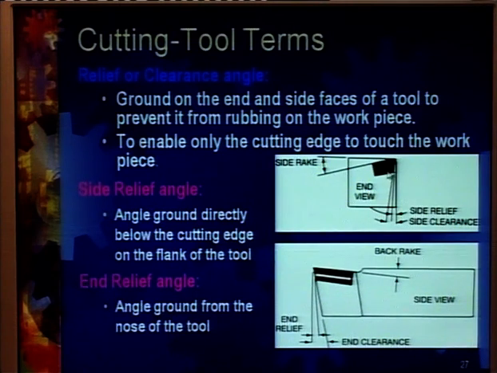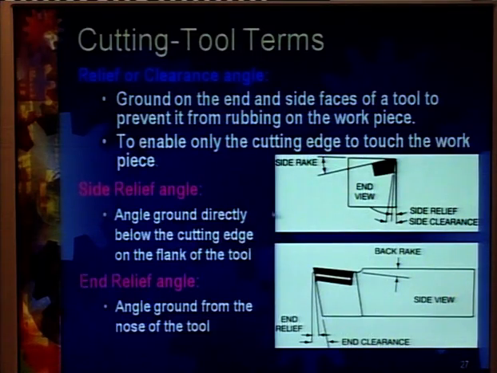It is given to sharpen this edge. If the side relief angle is lesser, then the sharpness of this edge will not be sufficient, and the rate of machining will be lower than that with a higher sharpness.